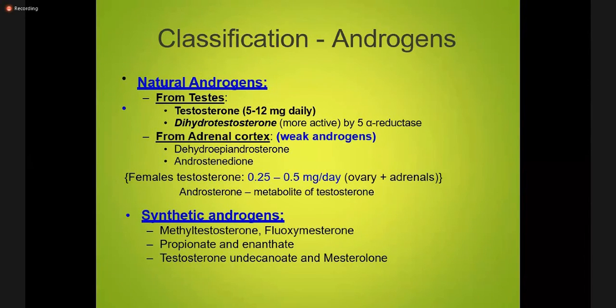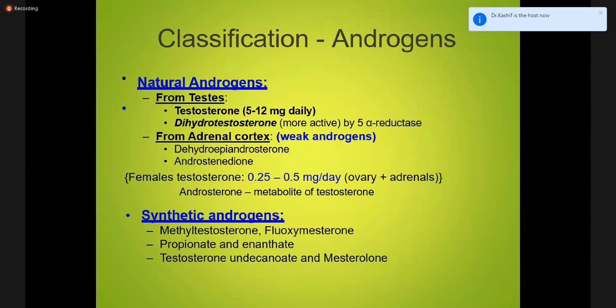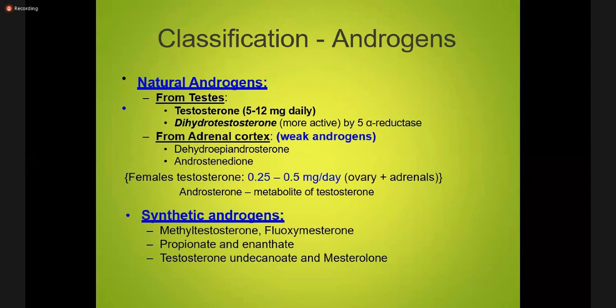Synthetic androgens are now in the market, and there are many legal uses, although there are also some illegal uses. For the legal uses, we have developed drugs that work as androgens, like methyltestosterone, fluoxymesterone, and testosterone propionate. We will discuss these along with the androgenic actions or uses.